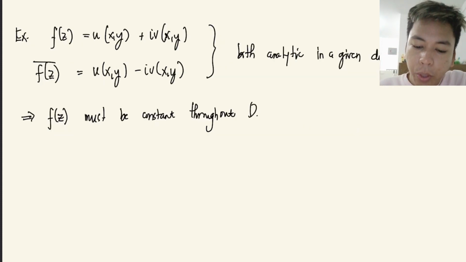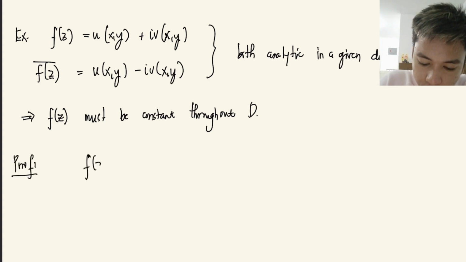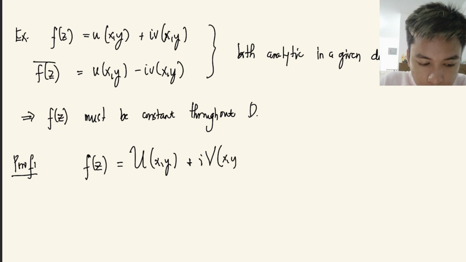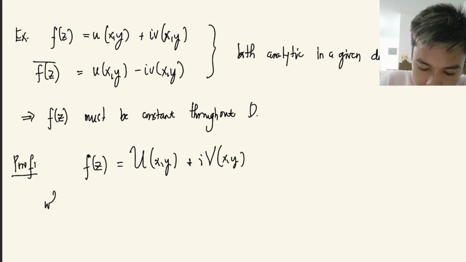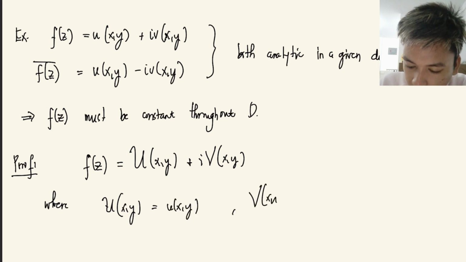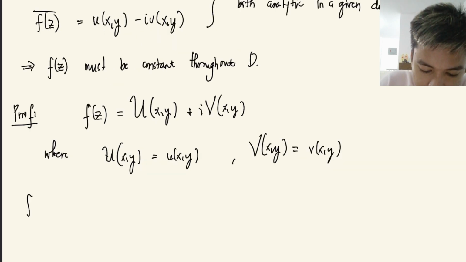Okay, so we will show this claim. Again, if a function and its conjugate are both analytic, then that function must be constant throughout D. For convention, we write f of z to be U x y plus i V x y, so we capitalize that, and your U x y is our small u of x y, V x y is the small v x y. Then f of z here is analytic.